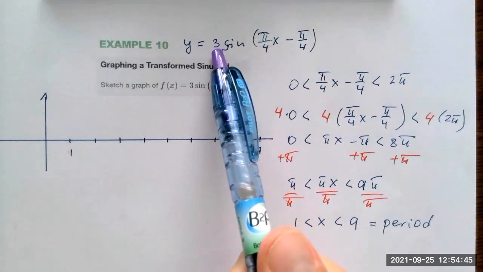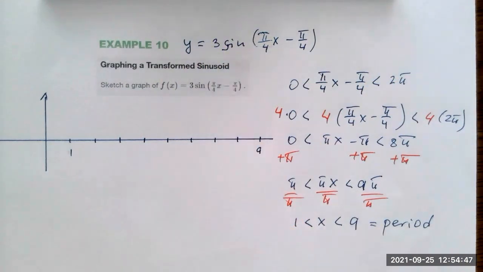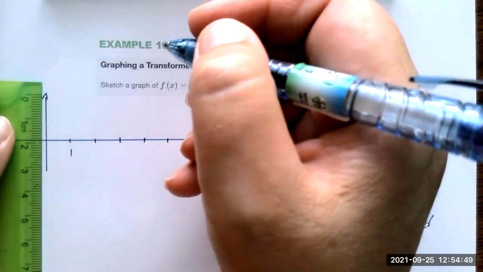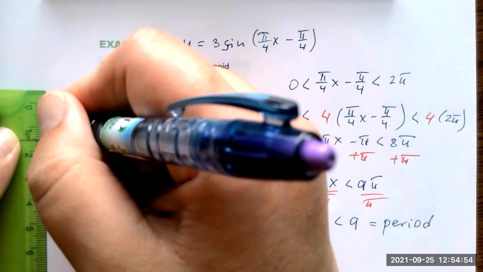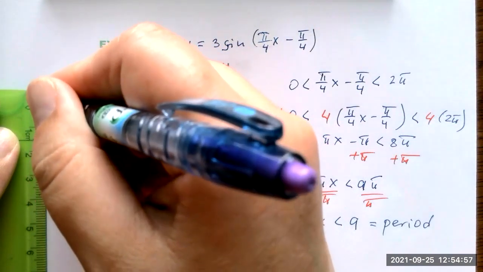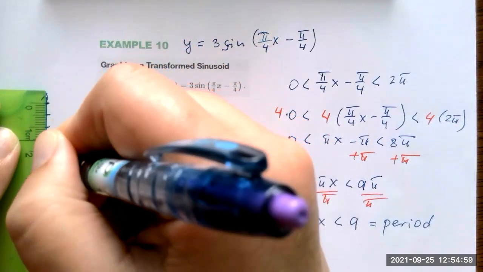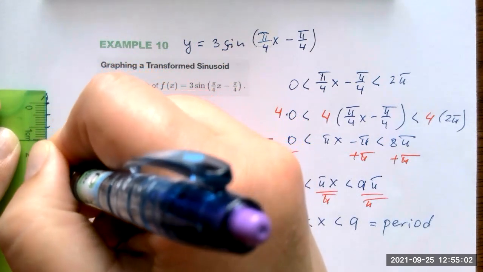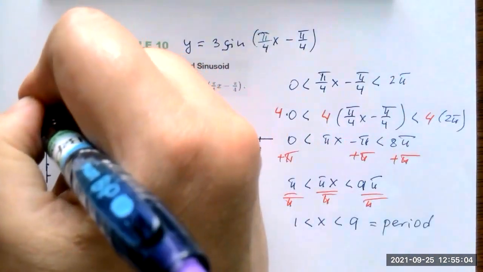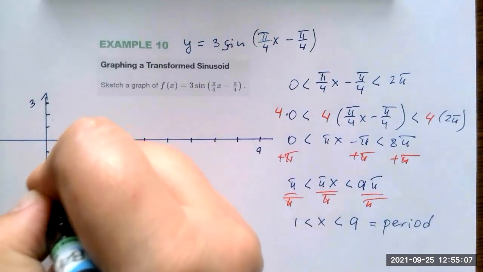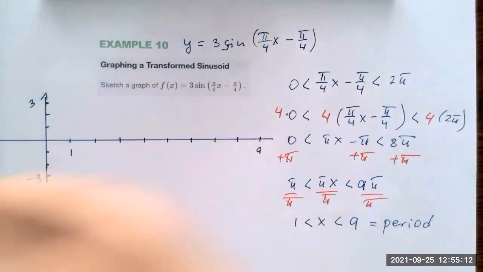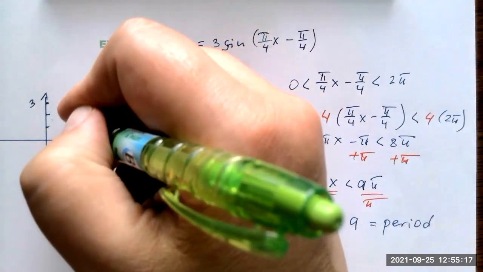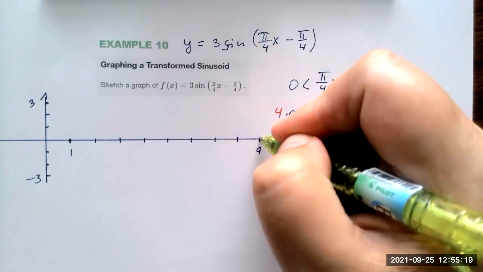The amplitude is going to be 3, right? So let's see. I don't have 3, but I have 1.5. So 1, 2, and 3. 3, -3. All right, so I know that the period of this graph starts at 1, okay, and it ends with 9.